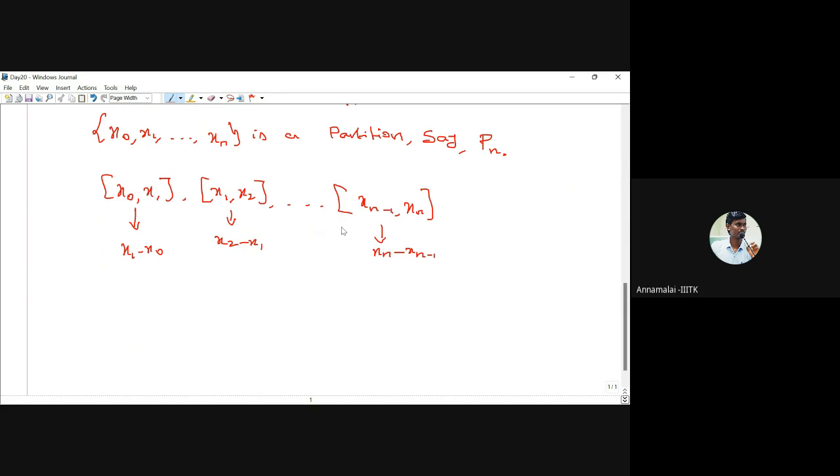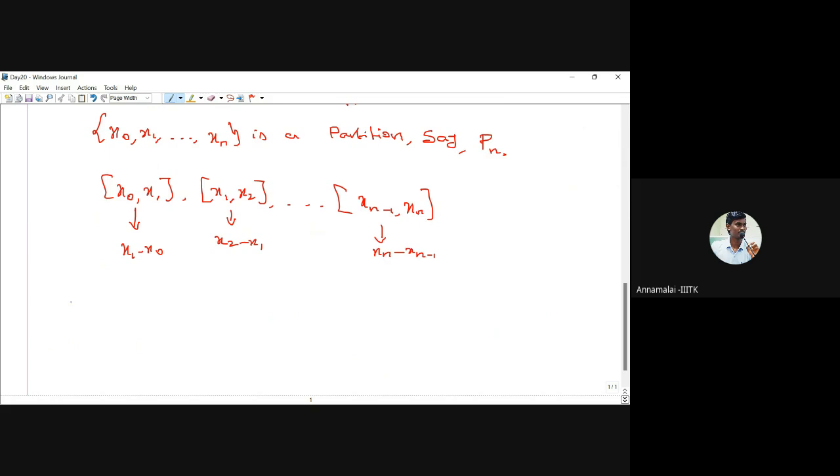Now another definition. Say there are two partitions P and Q. We say one partition is a refinement of another when one is contained in the other. Suppose one partition contains 10 points and some other partition contains 15 points.